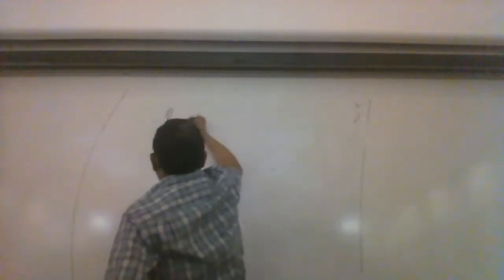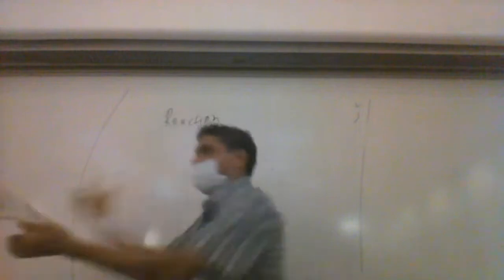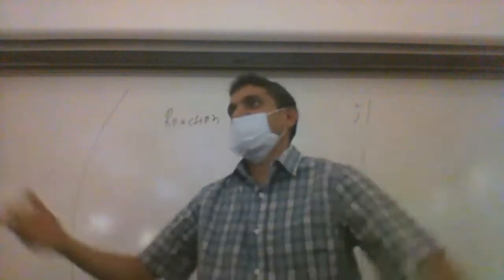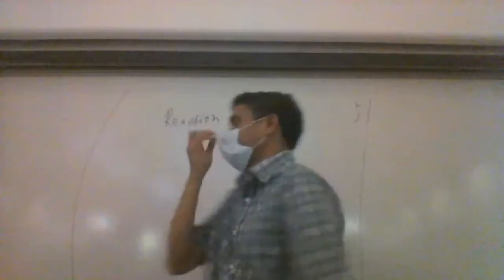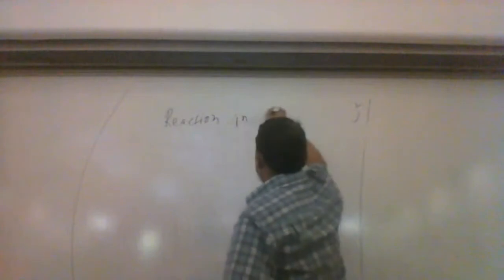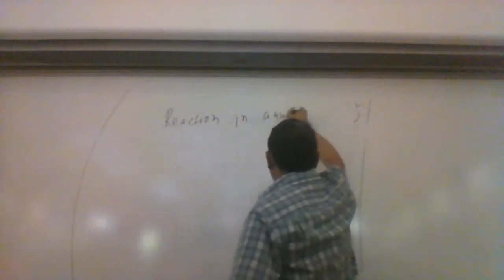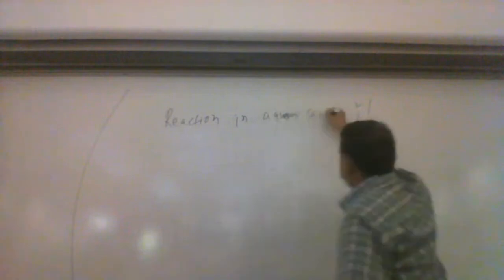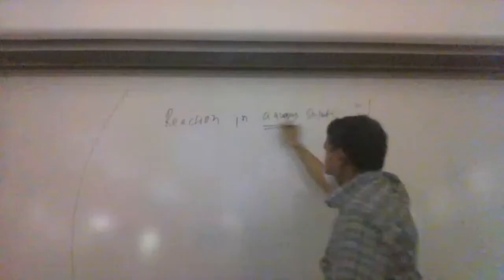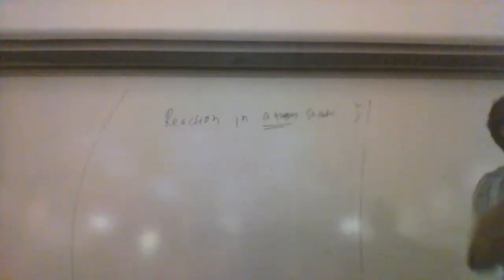Now, reaction in aqueous solution. What is a reaction in aqueous solution? Reaction means two things are reacting together to give new products, right? And aqueous means water. So we are doing the reaction in a water medium.